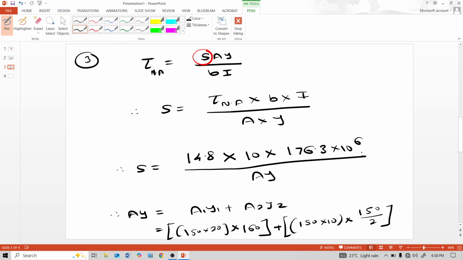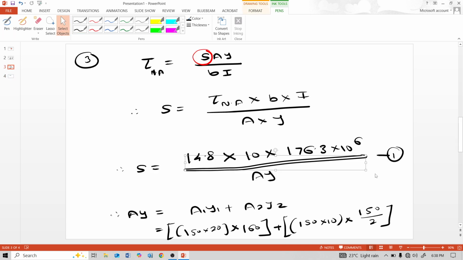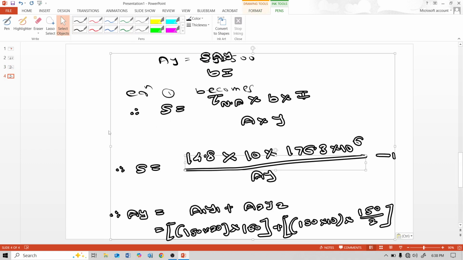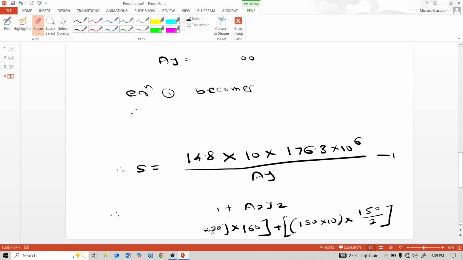Consider this shear force equation as equation 1. Put this Ay value in equation 1, and we get the shear force.